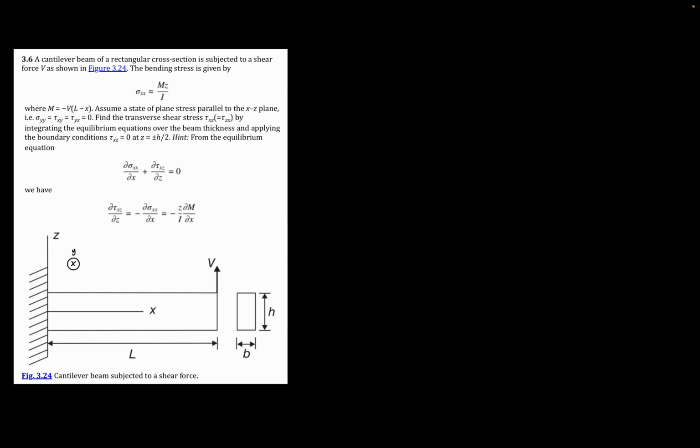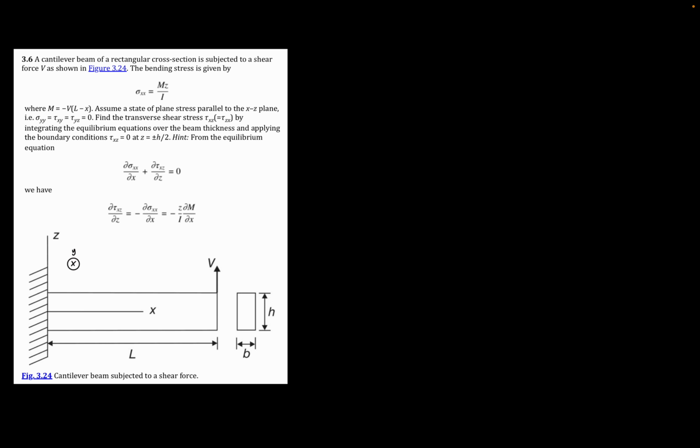Now, we are given the equilibrium equation found here, and we're also given the adaptation, where the partial derivative of tau xz with respect to z is equal to negative of the partial derivative of sigma x divided by the partial derivative of x. And that's going to be equal to negative z divided by our moment of inertia times del M over del x.